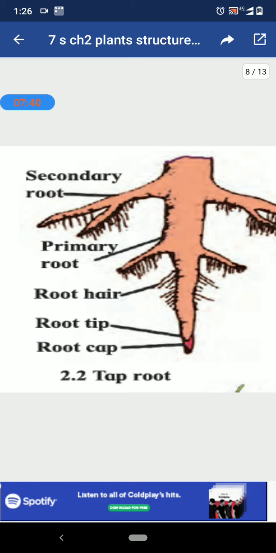It's a region of growth. So if it gets injured, that means the growth will stop there. And it is very delicate, so it has a root cap around it to protect it. So the answer you will write is: if the root tip is injured, the growth of the plant will be stunted, meaning it will stop over there.